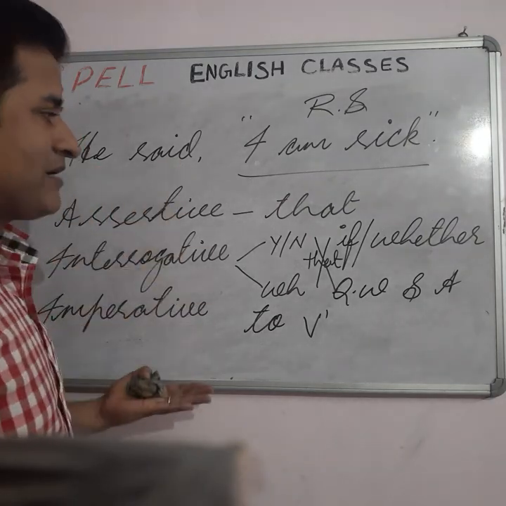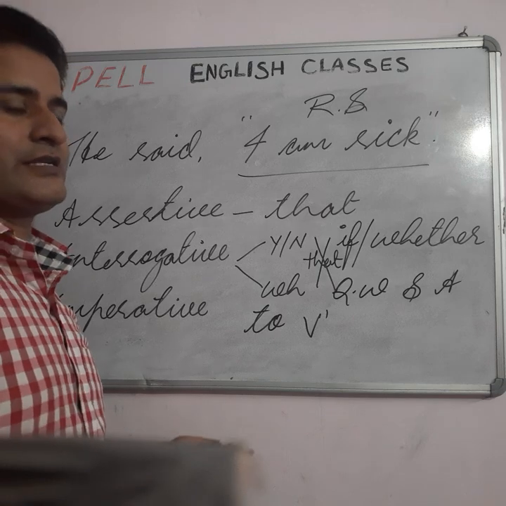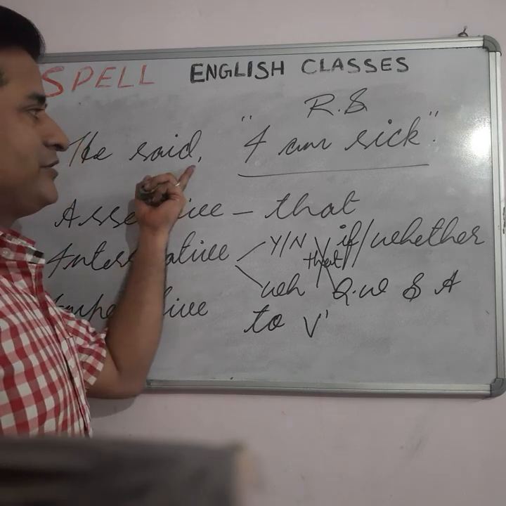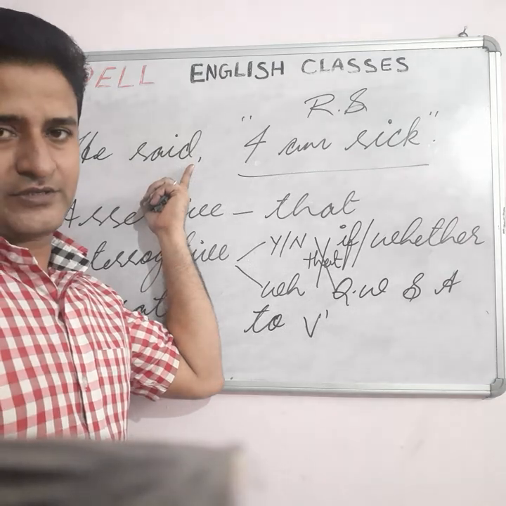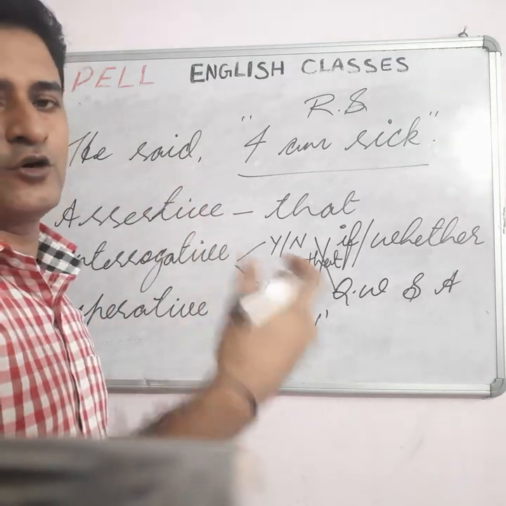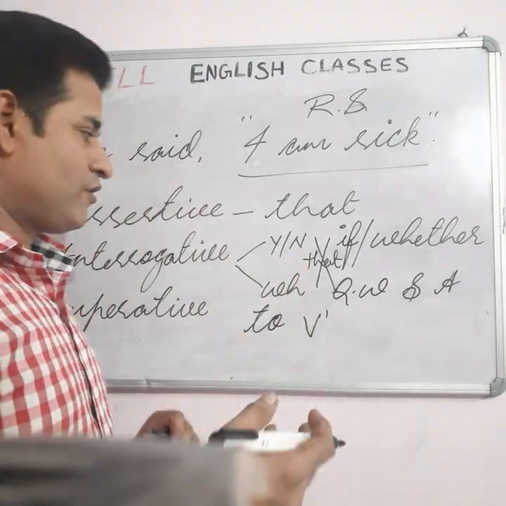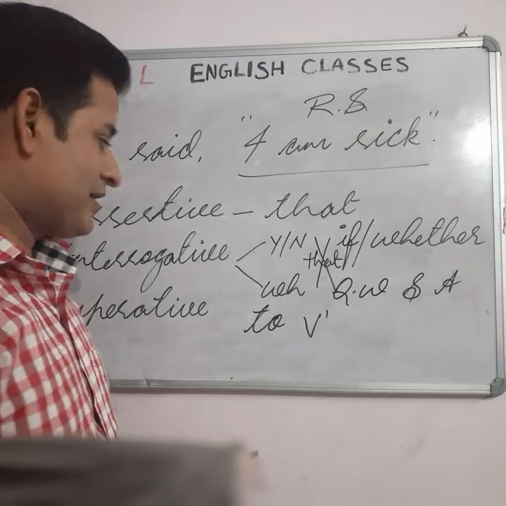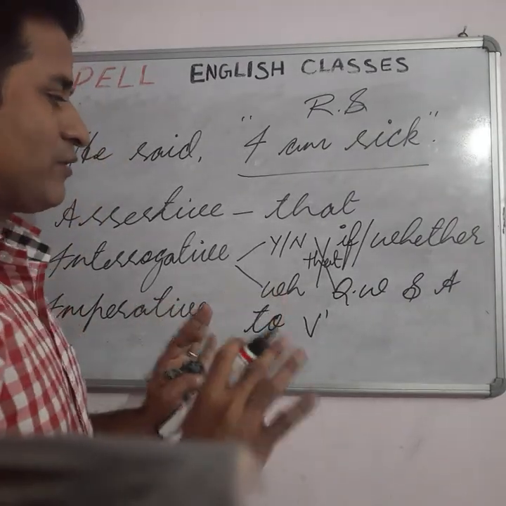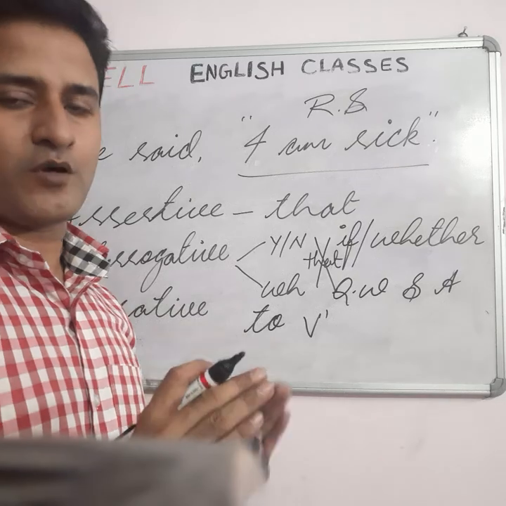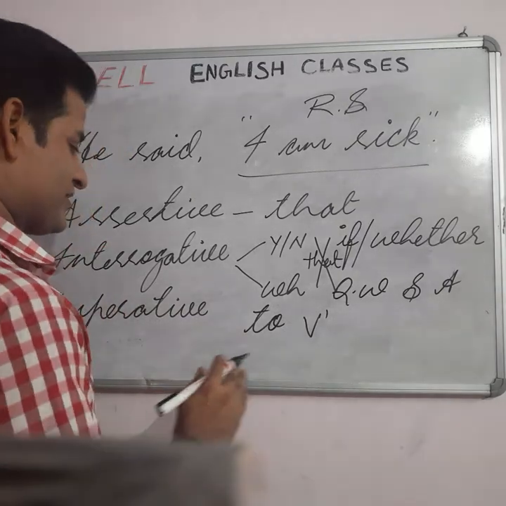If it is a command, instead of using said, you can better use asked. He asked to go from there. So all such changes are brought according to the sense brought by the imperative sentences.